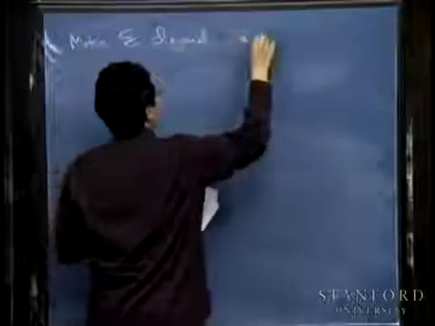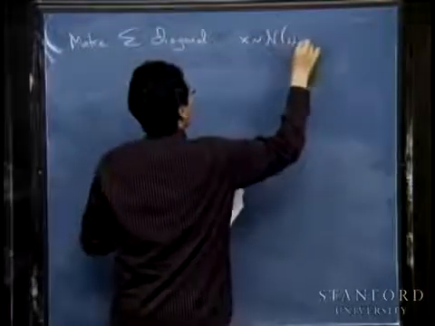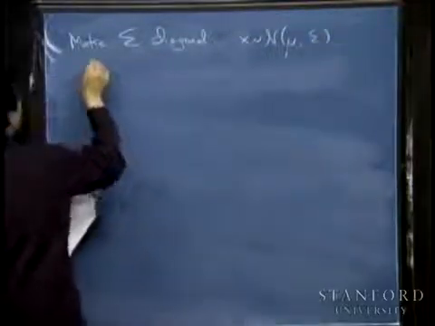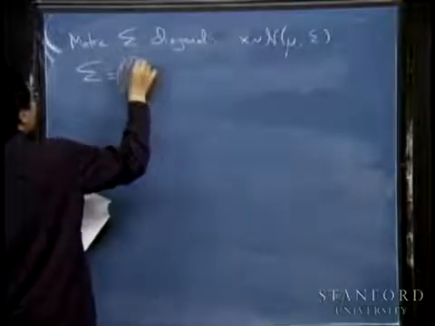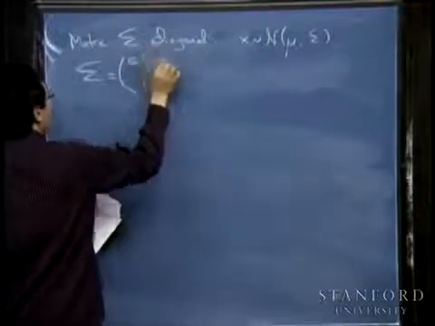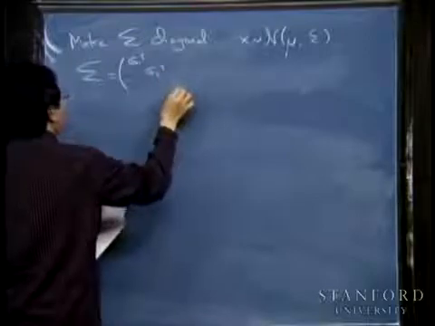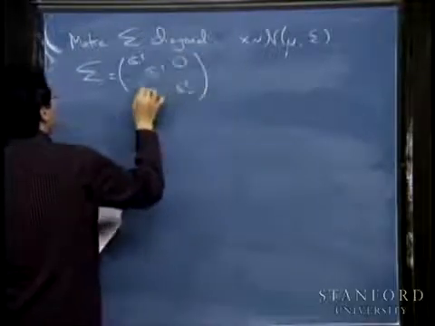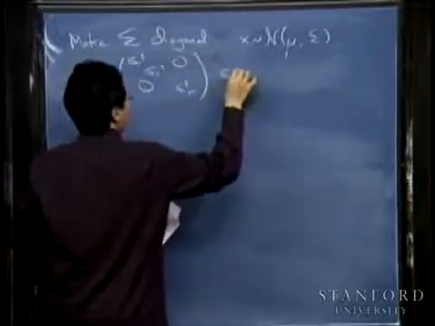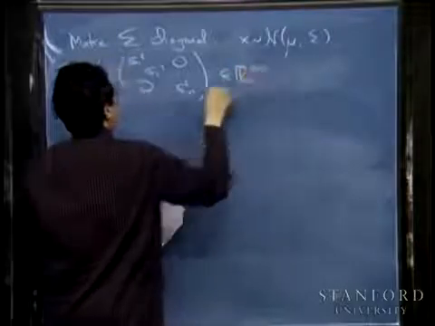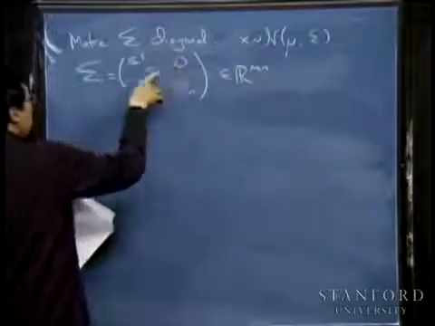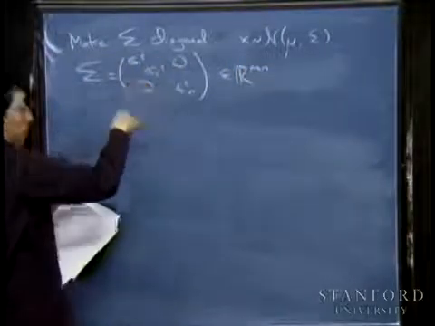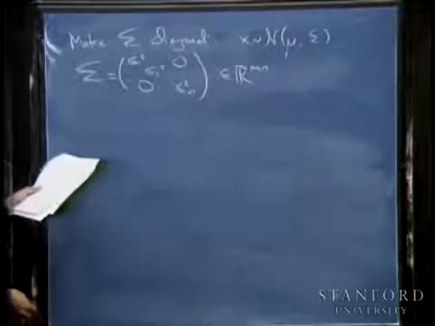In other words, you're going to constrain sigma to be this matrix with zeros on the off diagonals. These zeros are written down here to denote that everything off the diagonal of this matrix is 0.